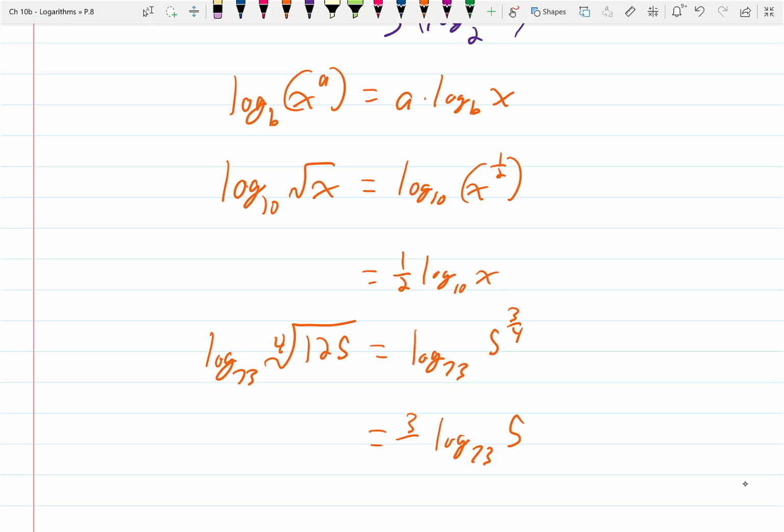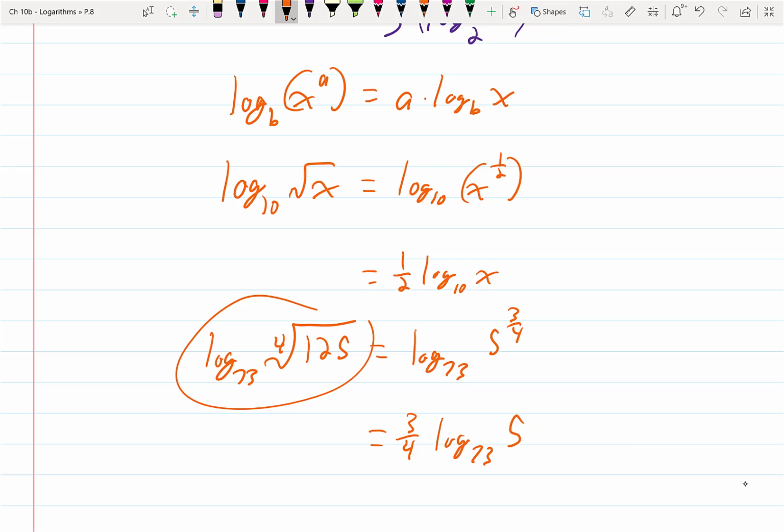You may ask why that is simpler, and I'll kind of explain this. I consider that to be simpler because if you had a table of values that express the log base 73 of 5, you could figure out what this is just by multiplying that by 3/4, which is a lot easier to do by hand. You divide by 4 and multiply by 3. That's not terrible to do to a decimal.